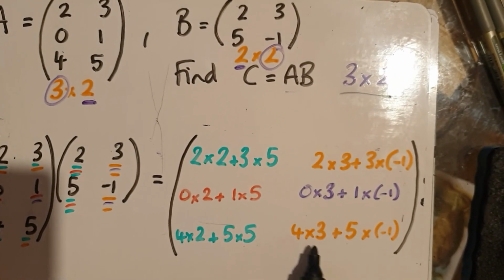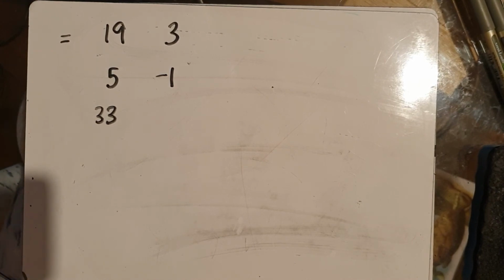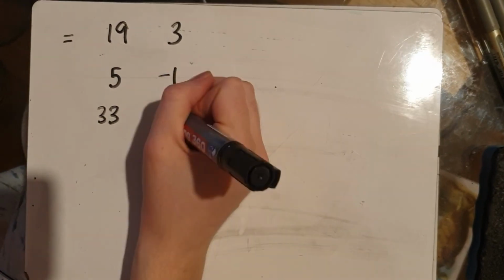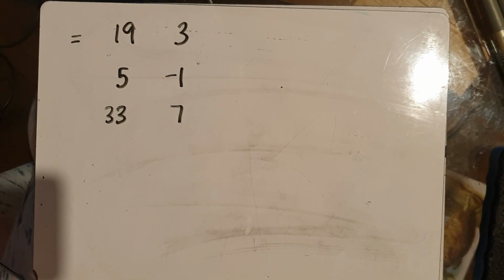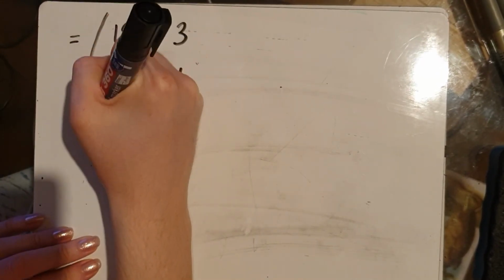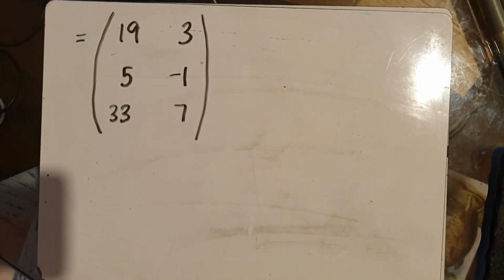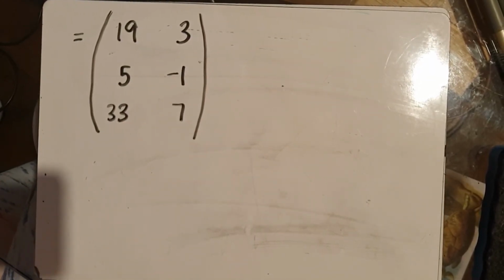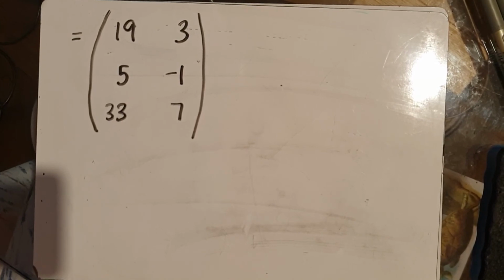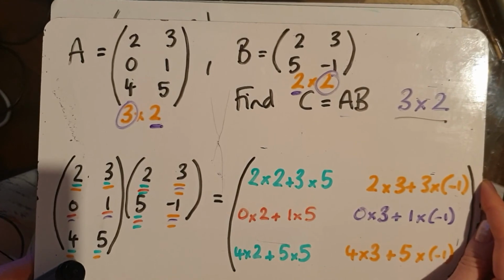And 4 times 3 plus 5 times negative 1. So that is the resulting matrix. That is matrix C, which comes from multiplying matrix A and B together.